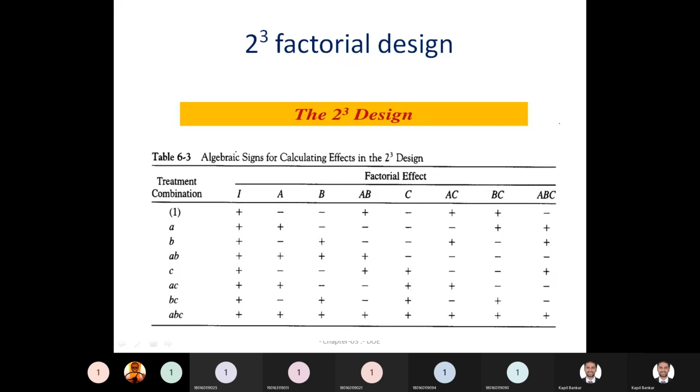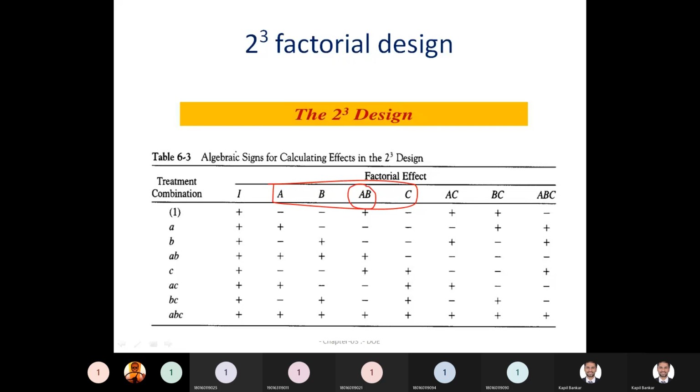Now, this is the 2 raised to 3 factorial design. This is the full factorial design in which A, B, and C are all there. If only A, B, and C were there, without the interactions, then it would be known as the design matrix.